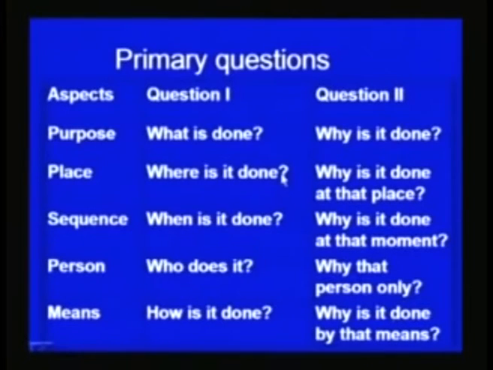And these questions are asked keeping in mind where elimination of a particular activity is possible, where simplification is possible, and where a combination of some of the activities is possible.